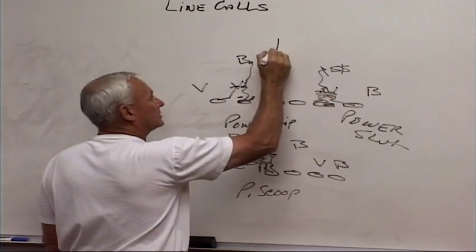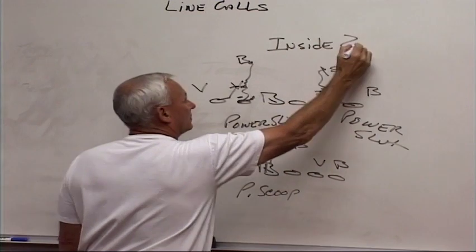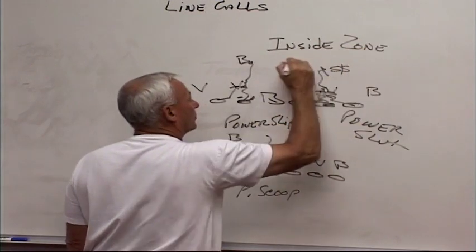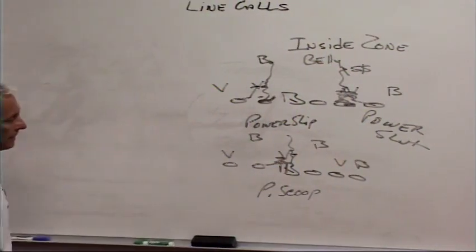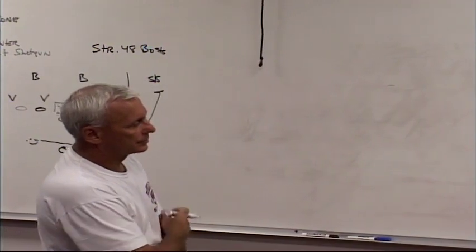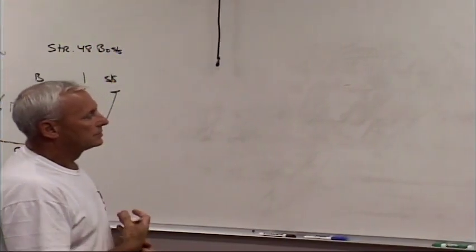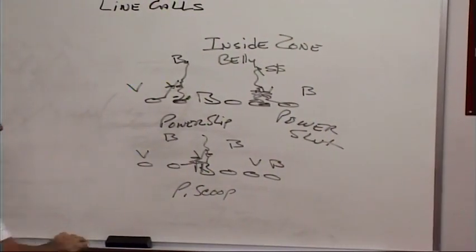This is all inside zone, or the belly, that we'll introduce to you later. But those are our calls that we use against those certain fronts. Scoop, slip, and slut, ace, deuce, trey, front side.